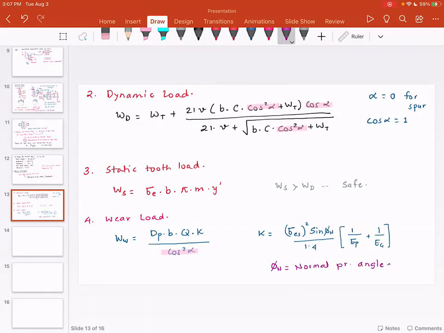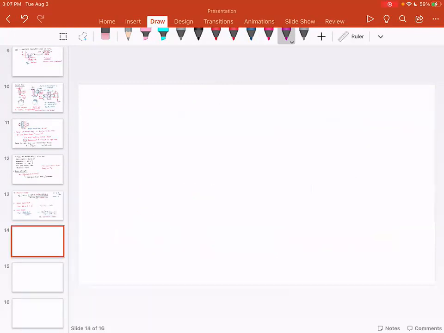Now, last but not least is how do we design the shaft? The design procedure for shaft design. So shaft design. It's similar to spur gear, but the only difference here is we have to find out three loads.